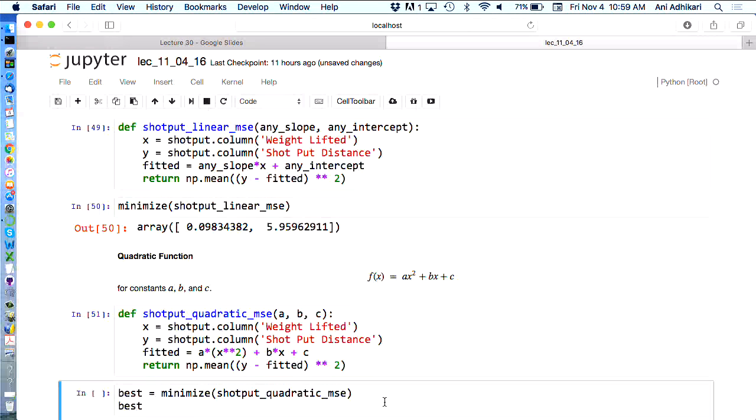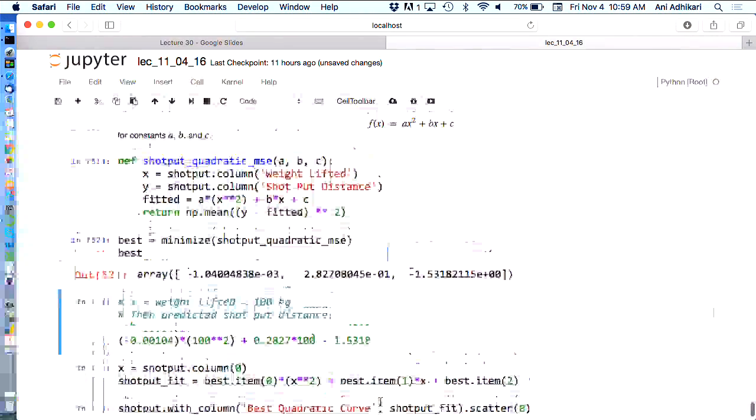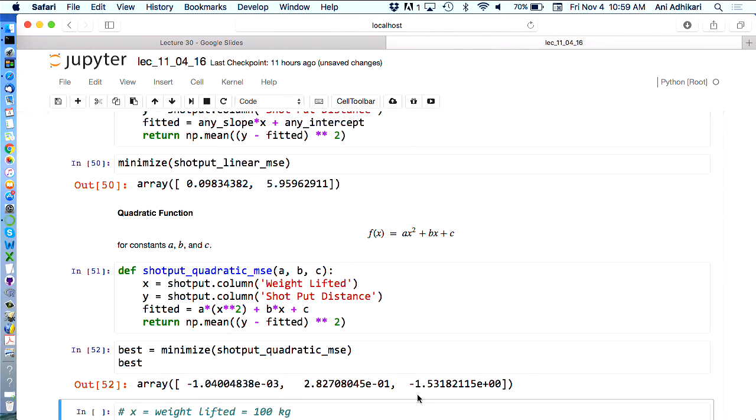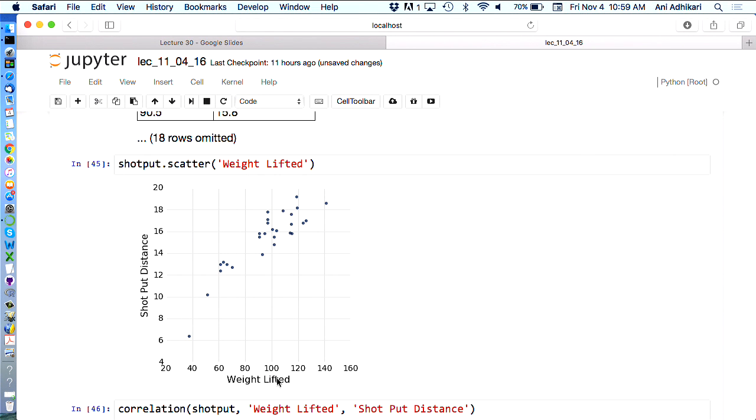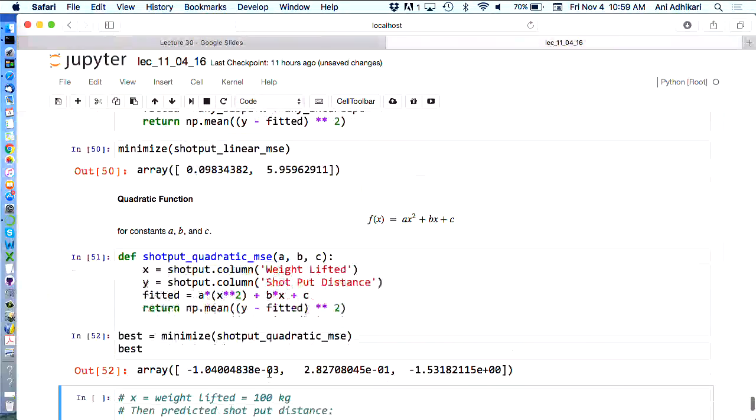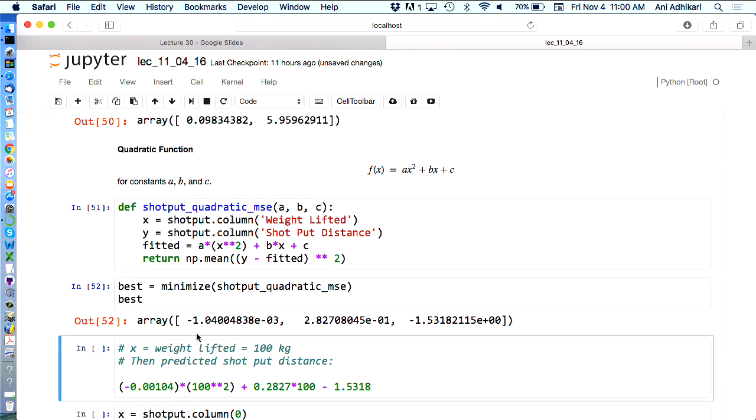So we run this, we minimize. And look, it returns three numbers, and I'm just going to plug in these three numbers. Supposing this person's power clean was 100 kilograms. Then our prediction would be: you take the first number, minus 0.0014, I just have to move the decimal point 3 places, and multiply by 100 squared.